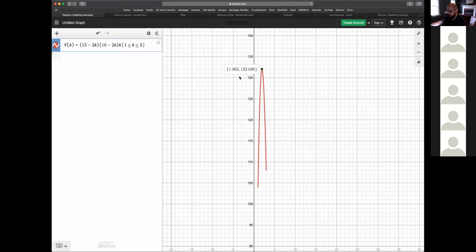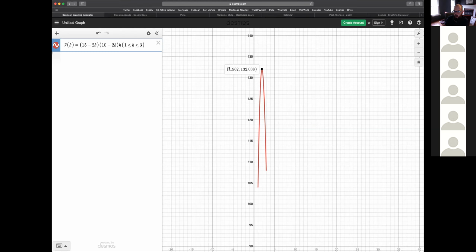So what do we think? If we have this, what is the 1.962? Yeah, it's the edges of the box, right? So the height, yeah. This x value is going to be our height, right?